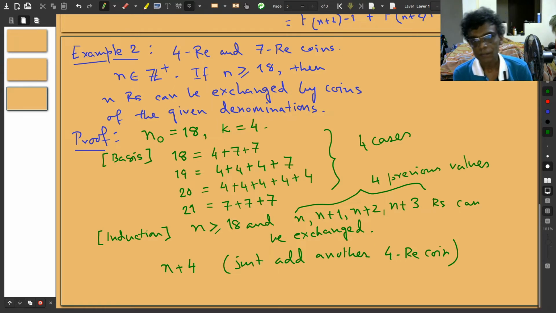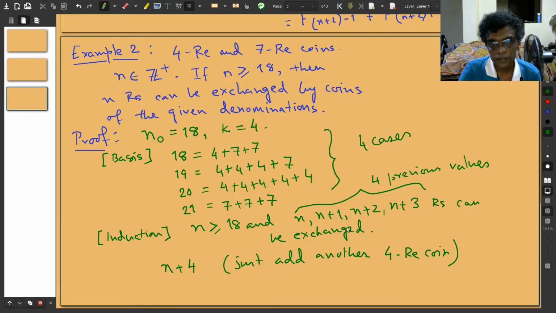Most of the time, I am not using that n plus 1 can be exchanged, n plus 2 can be exchanged, or n plus 3 can be exchanged. But that doesn't matter. If n can be exchanged, n plus 4 can be, we are just not using n plus 1, n plus 2, n plus 3, but in other proofs we actually use them. For example, in the last proof, we actually used all of them up to k minus 1. Here I am just not using it.